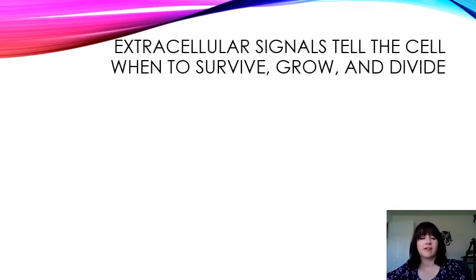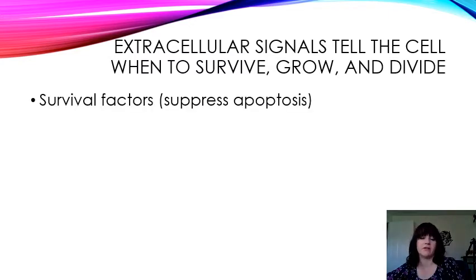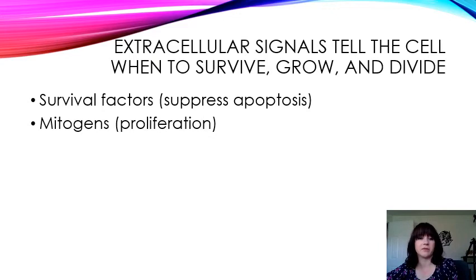In addition to telling cells to die, there are also extracellular signals that tell them to divide or to grow in size. So there are survival factors from the environment that tell the cell not to undergo apoptosis. We've talked about mitogens before. These will tell cells to divide.